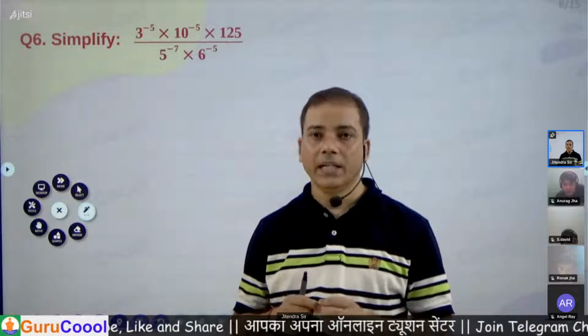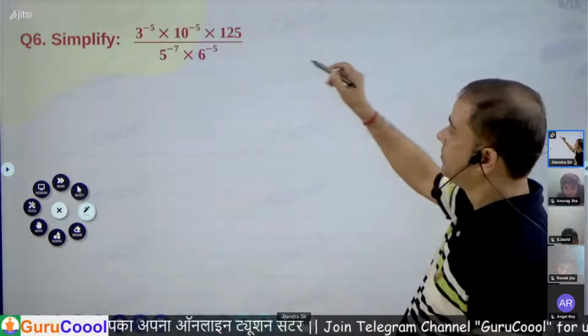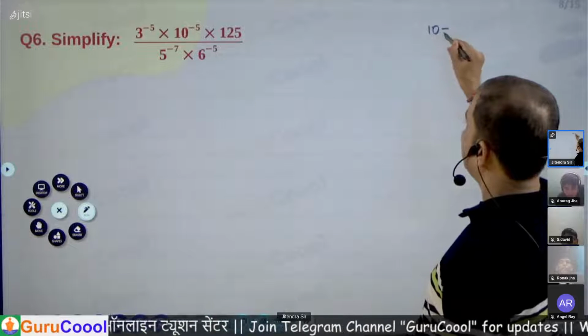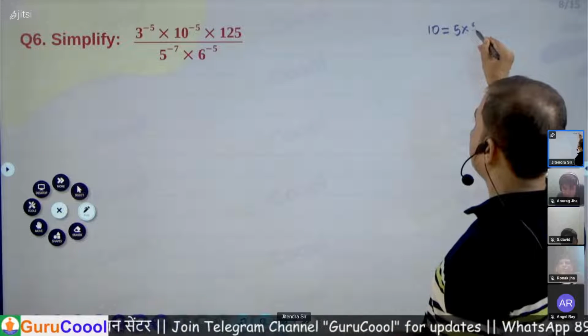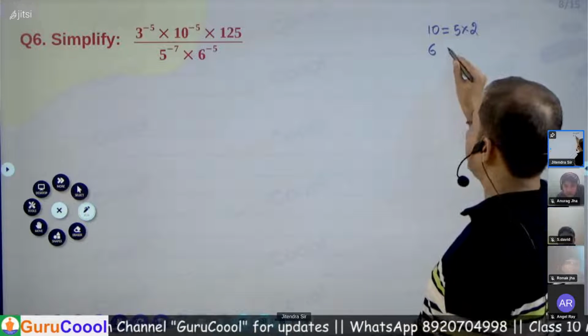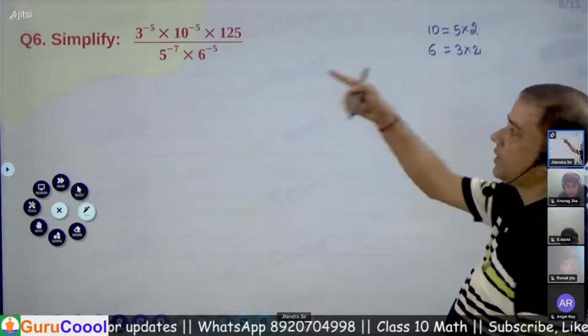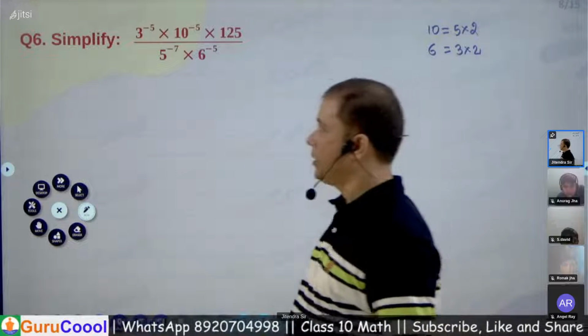So we will create it. How to create? 10 can be written as 5 into 2. 6 here can be written as 3 into 2. If we do this change here, this will be an advantage.